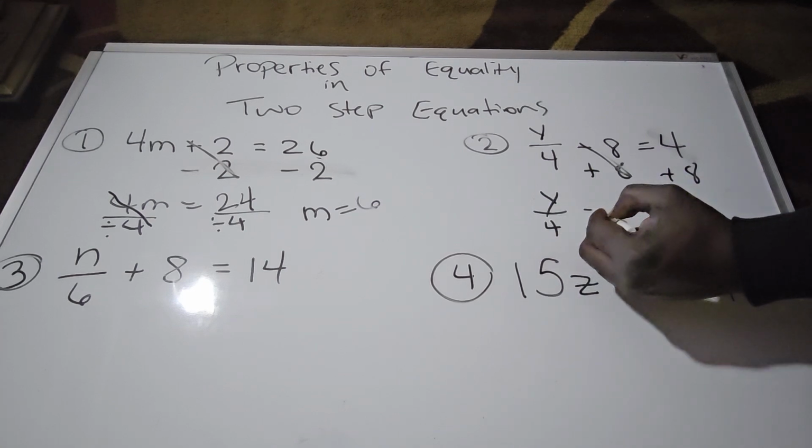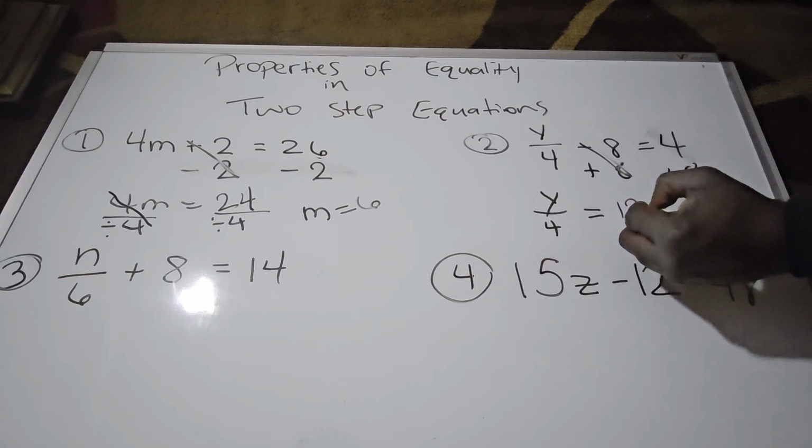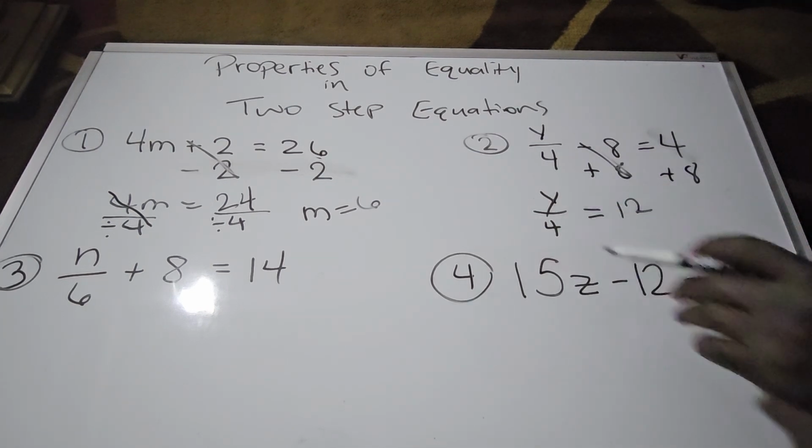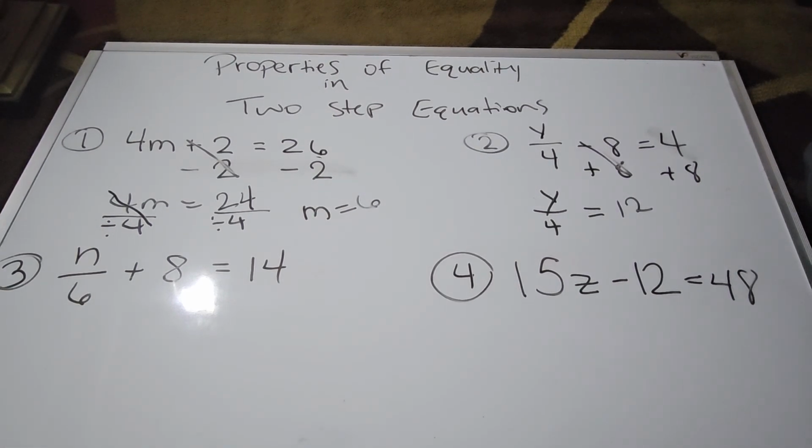Now y over 4 equals, we have 4 plus 8, which is 12. Now, in the second step, we're still using the properties of equality. Because now we have y over 4, or y divided by 4, we have to do the opposite to get y by itself.